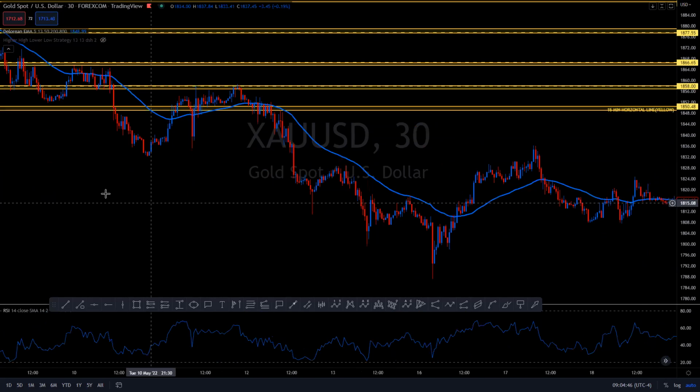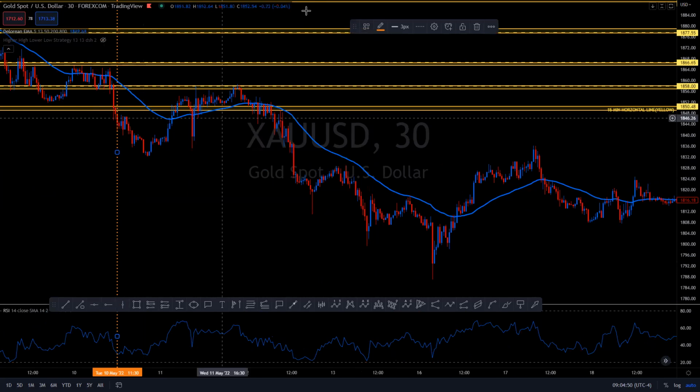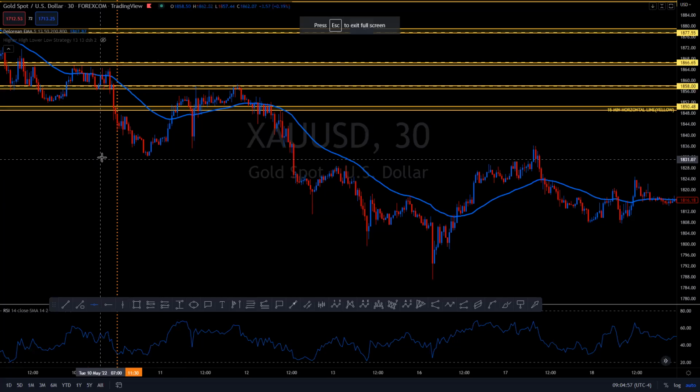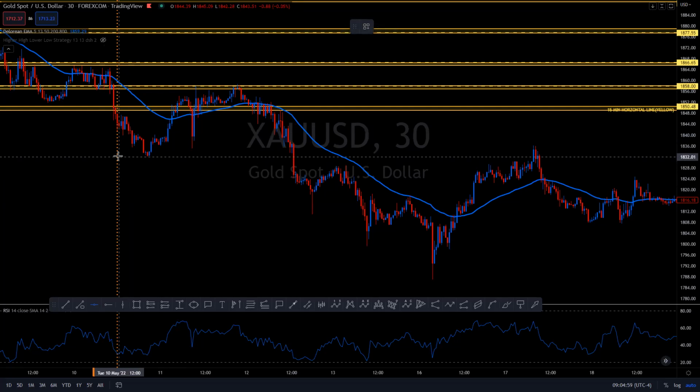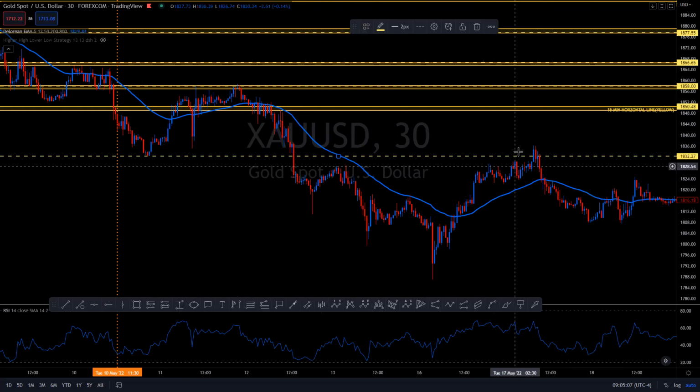So now we're going to do this here. So now, as we can see, there was a base demand zone here as we pushed price all the way back up to here. And then price respected the same area as a supply zone once it broke here and then came back up.